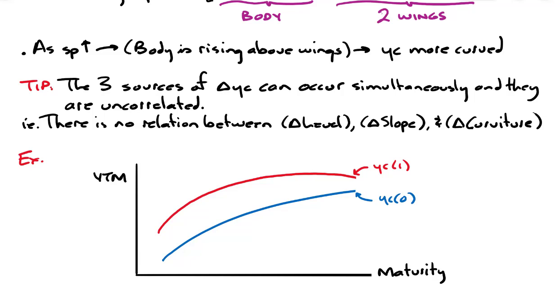And here we are. So initially, we have yield curve 0 represented by the blue line. And then let's say by the end of the year, the yield curve is represented by the red line. Now watch how we can break down this total change in yield curve into these different categories, i.e. change in level, change in slope, and change in curvature.